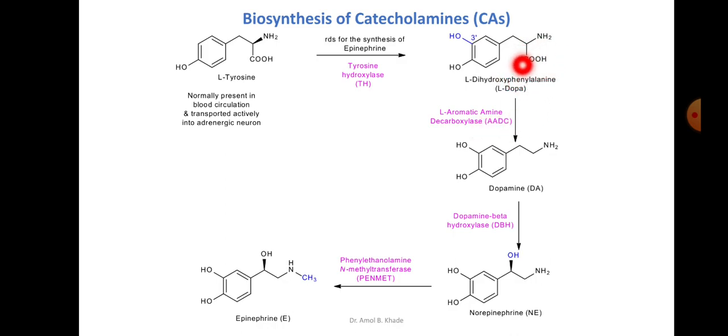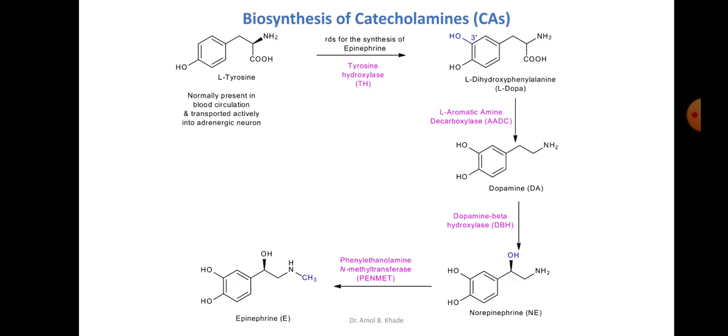Now you can see there is a carboxylic acid. This carboxylic acid will be removed with the help of this particular enzyme, and it will convert L-DOPA to dopamine. Now this dopamine will be converted to norepinephrine with the help of the enzyme dopamine beta hydroxylase, which is abbreviated as DBH in capitals.